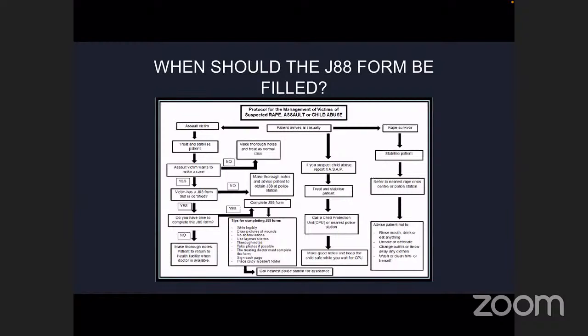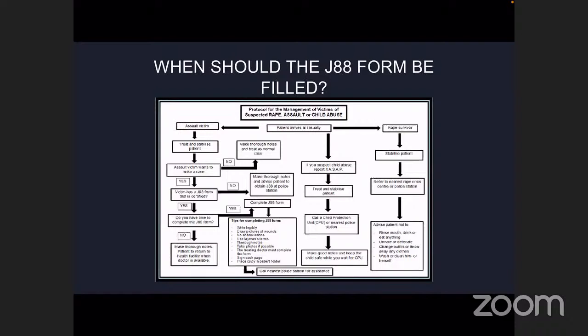If the patient wants to make a case but doesn't have the form, then you would just treat the patient, make thorough notes, and then advise the patient on how to obtain a J88 form at a police station. In the case of rape, you would stabilize the patient, and if the patient doesn't need any stabilization, you would then just refer the patient to the nearest rape crisis center or police station.